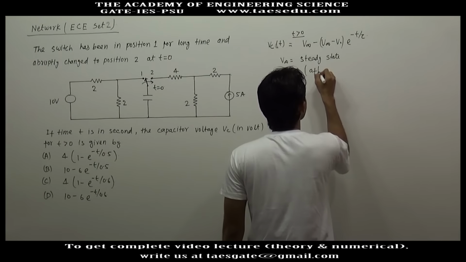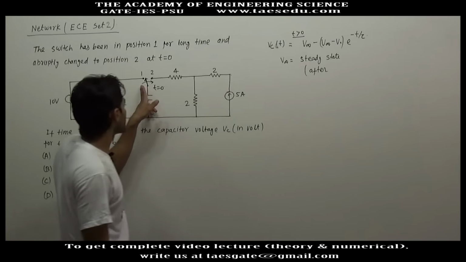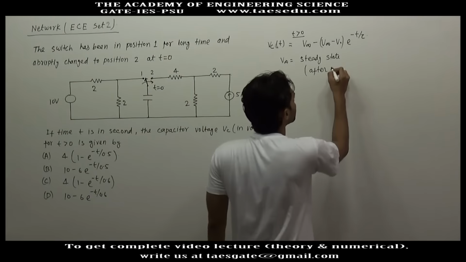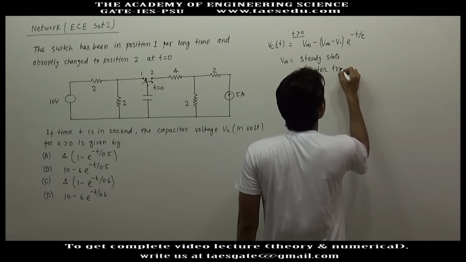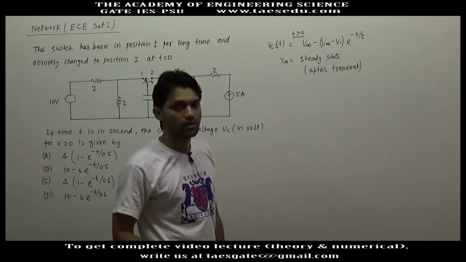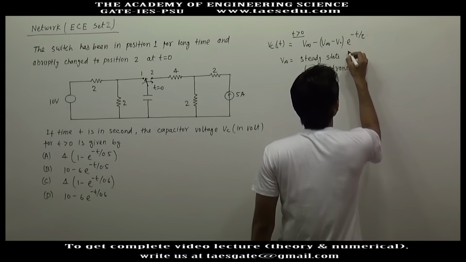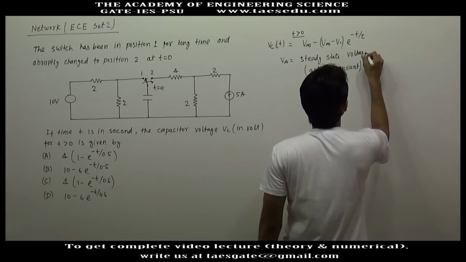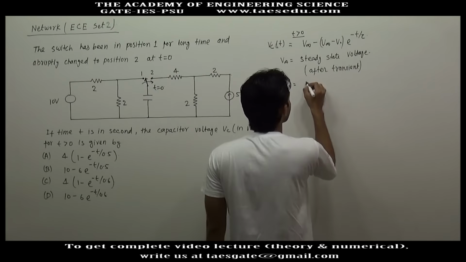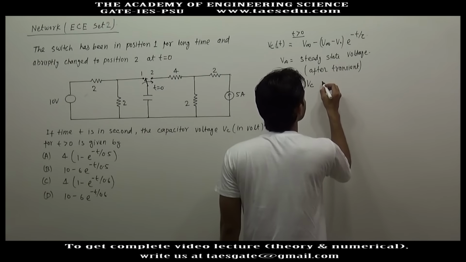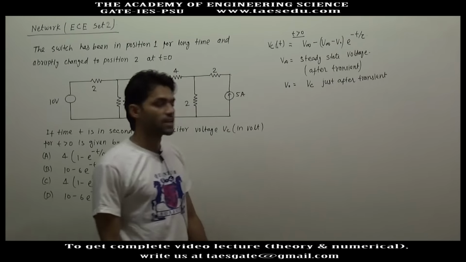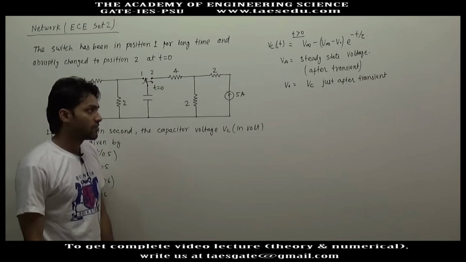steady state after transient. After transient there will be a new circuit because there is a switch connection change. So after transient again there will be a steady state. So V infinity is the steady state voltage of the new circuit after transient, and V naught is the capacitor voltage just after transient, and capacitor voltage cannot change instantaneously even after transient.